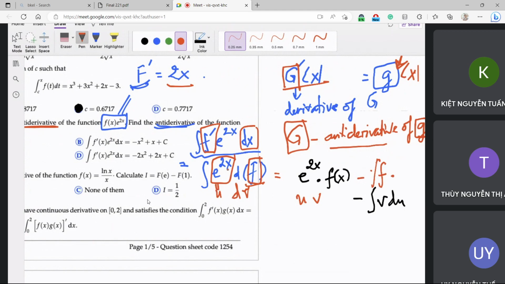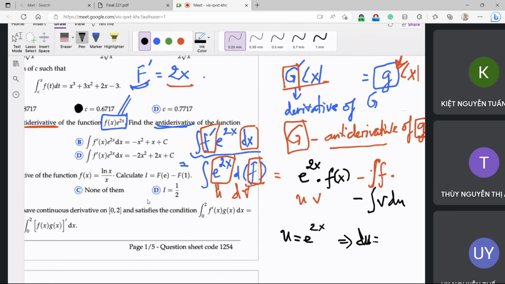U is e to 2x. So what is du? If u is e to 2x, what is du? It is the derivative of u times dx.